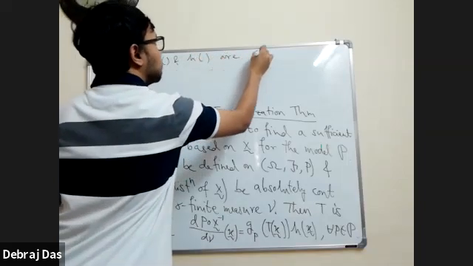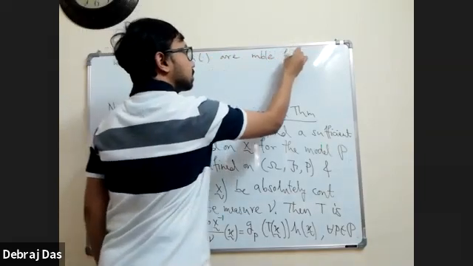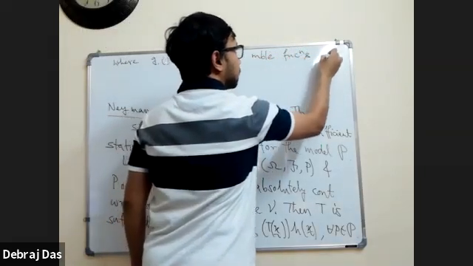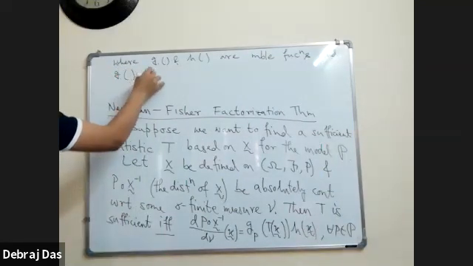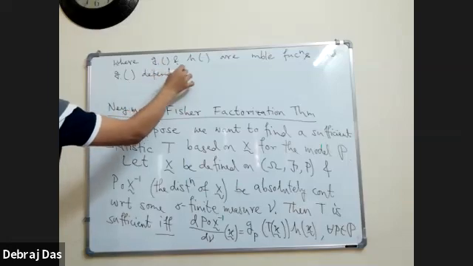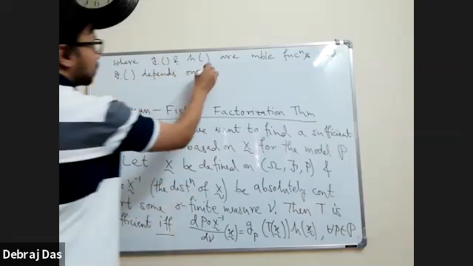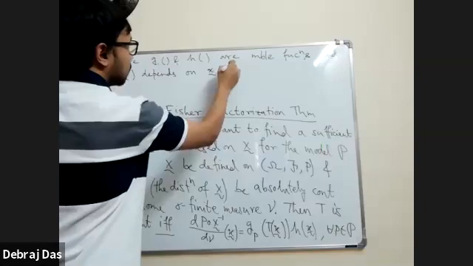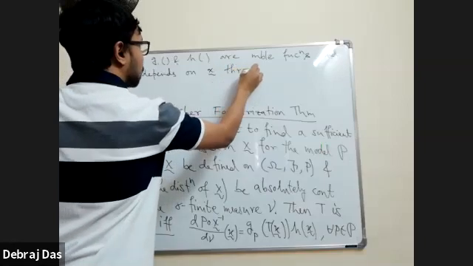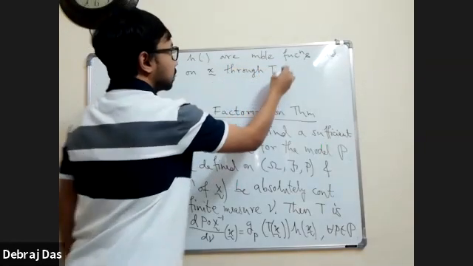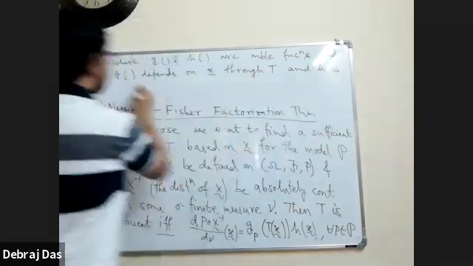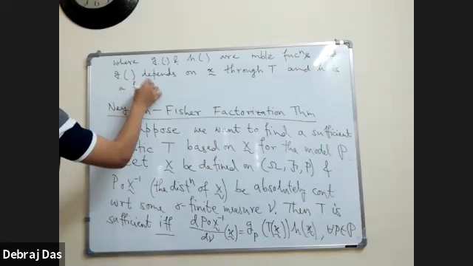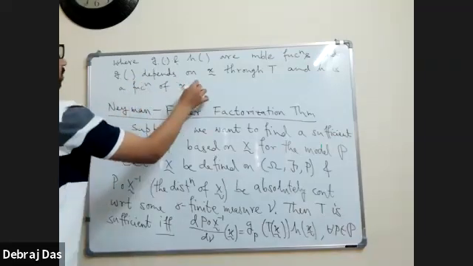P and H are measurable functions, and G depends on X curve, and H is a function of X curve.